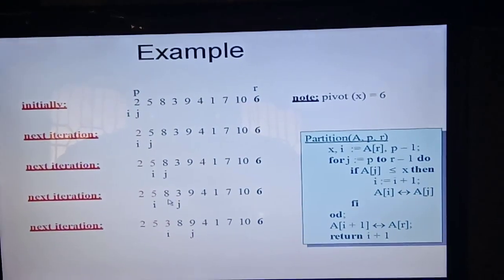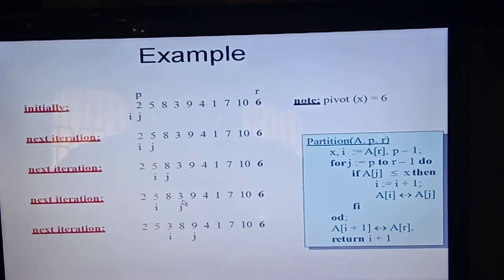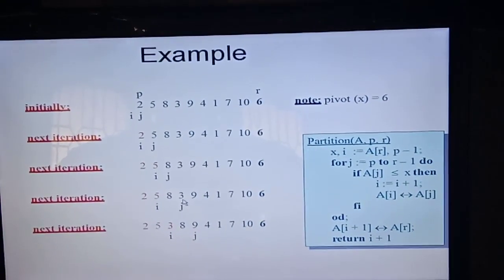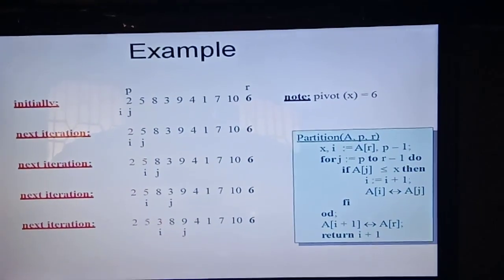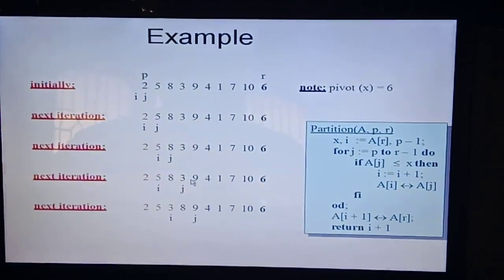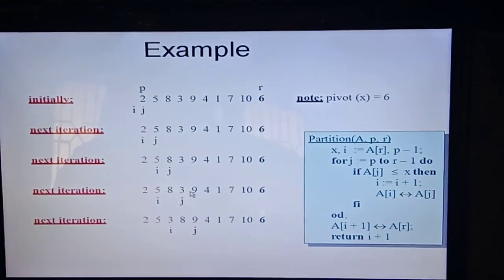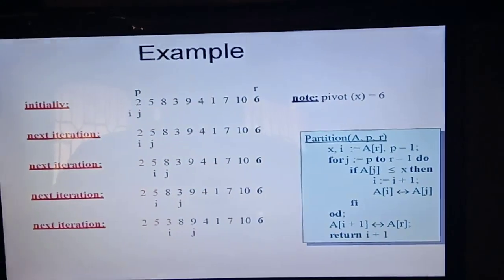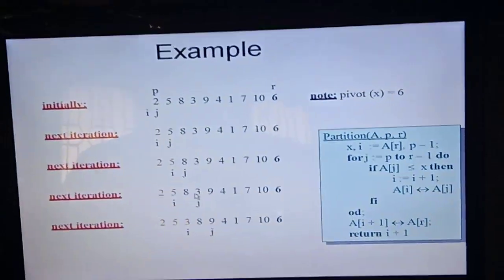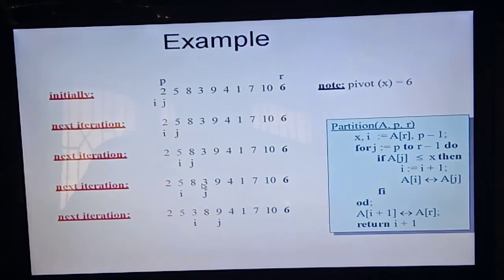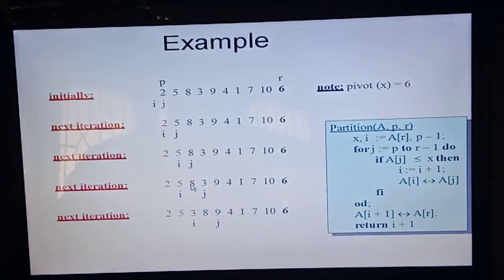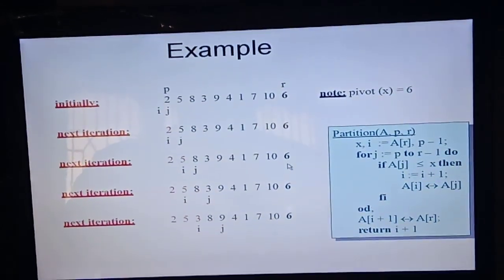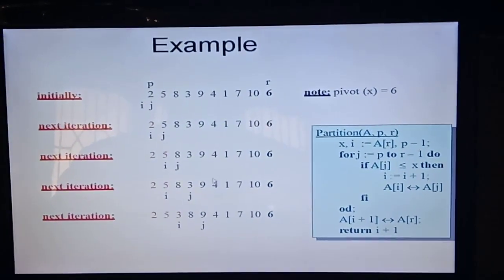So here you can swap 8 with 3, because 8 is greater and i is the same. Here we are checking whether A of j is less than x. A of j is not less than x; A of j is greater than x.